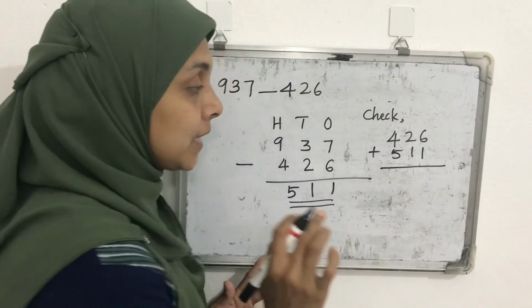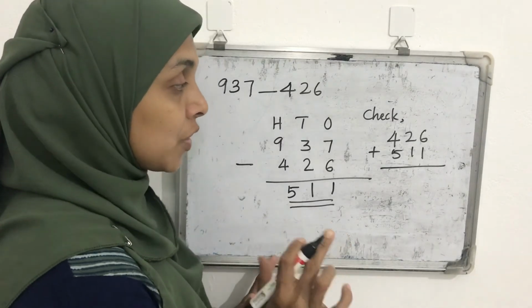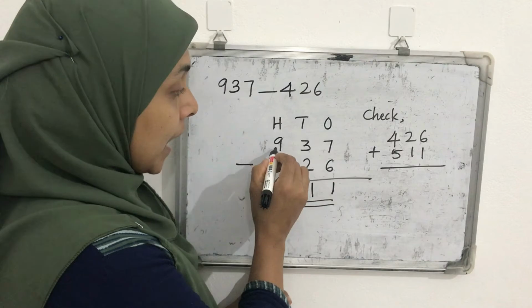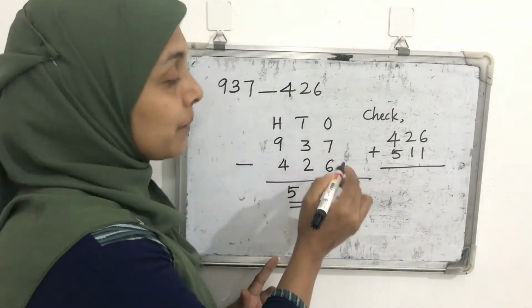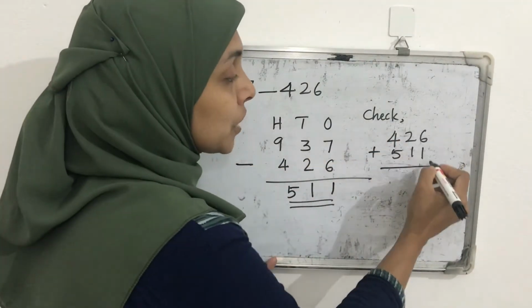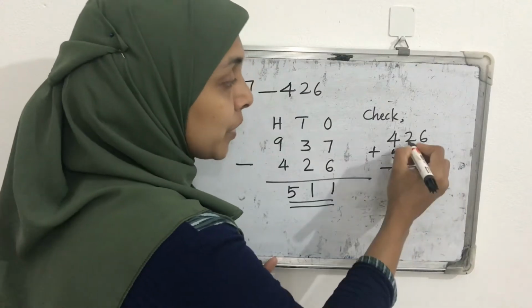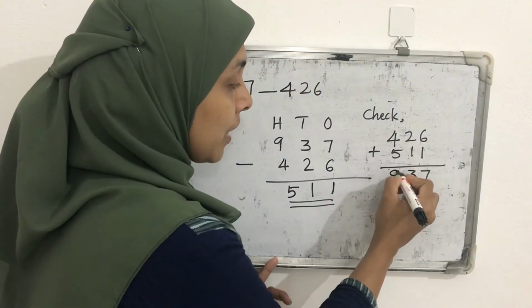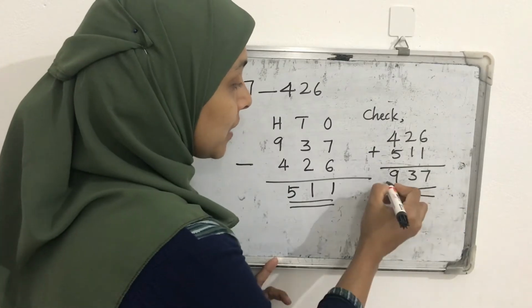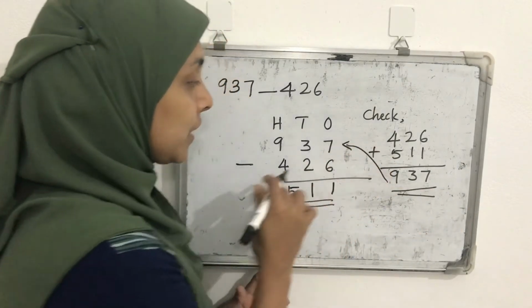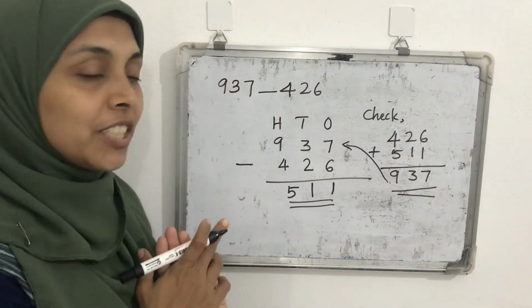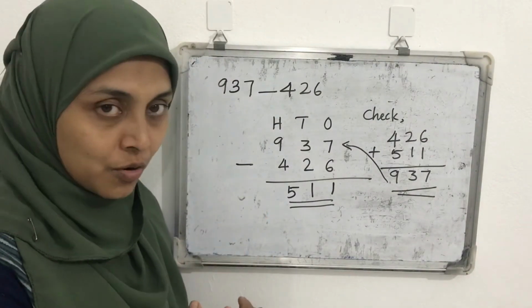If your answer is correct, which number do you want to get as the sum? 937. Let us check: 6 plus 1, 7. 2 plus 1, 3. 5 plus 4, 9. So we got 937, which is the first number. In this way we can check whether our subtraction is correct or not.